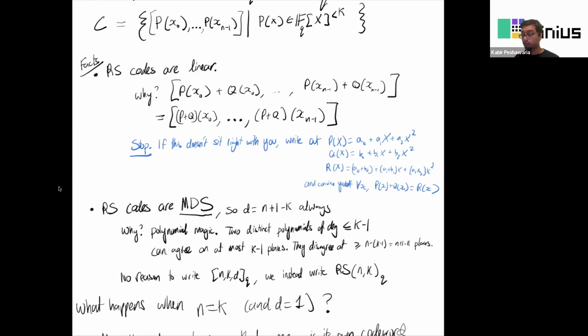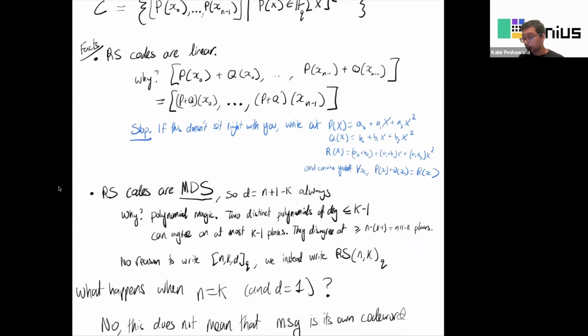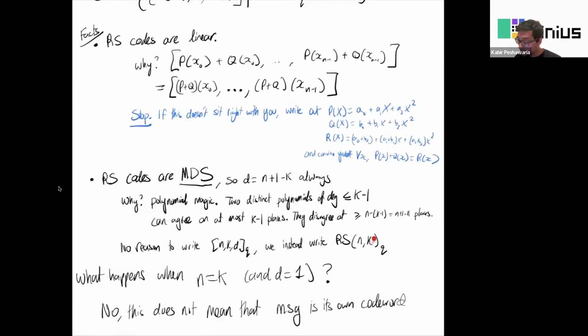So if you've chosen a total of n distinct places to evaluate the polynomials on, they must disagree at least n plus 1 minus k places. Therefore, since they're MDS, there's no reason to write [n, k, d], as the d is always the same. We can instead write RS[n, k] to denote a Reed-Solomon code with message length k and code word length n.